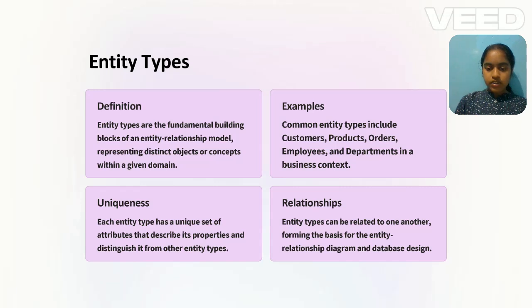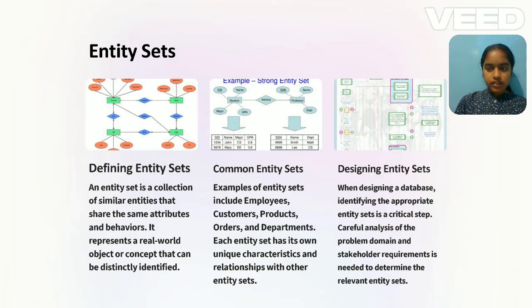Uniqueness: each entity type has a unique set of attributes that describe its properties and distinguish it from the other entity types. Relationships: entity types can be related to one another, forming the basis for the entity relationship diagram and database design.